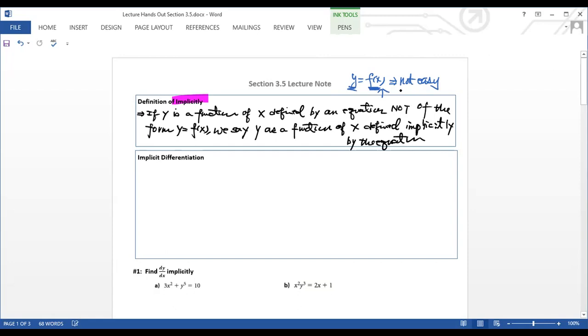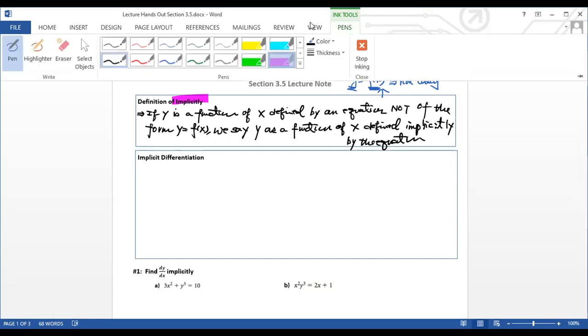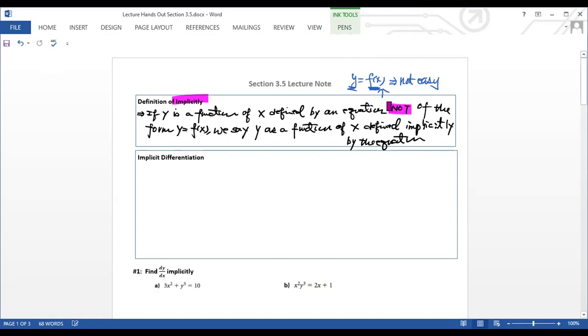The key point is that it is not of the form, which means you cannot change it to y equal to f of x. So we say y is a function of x implicitly by the equation.